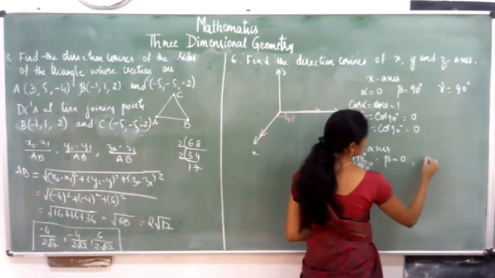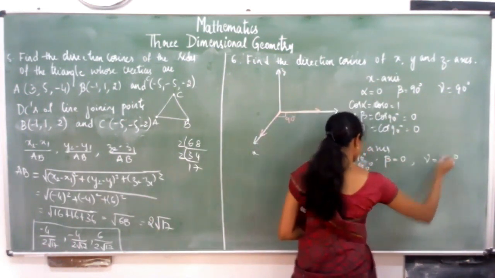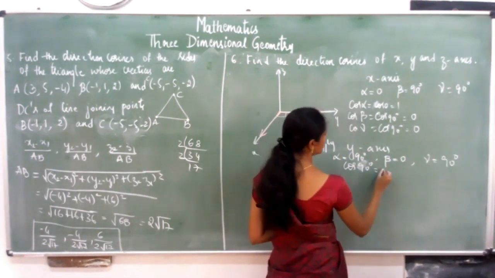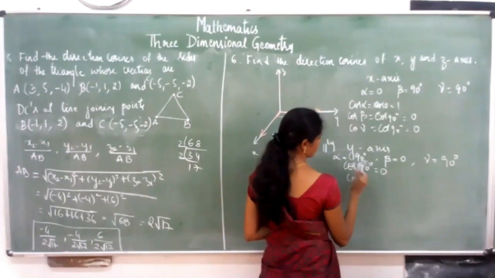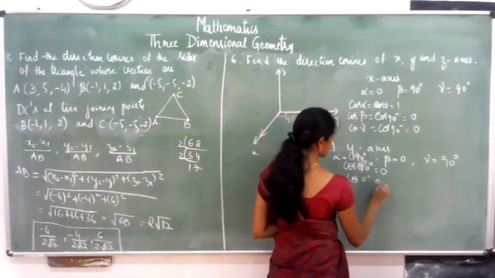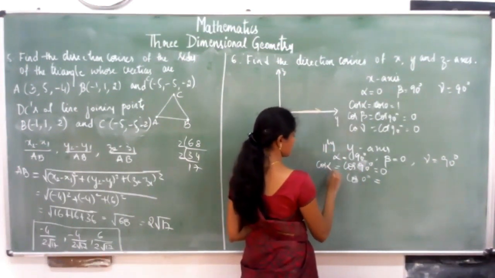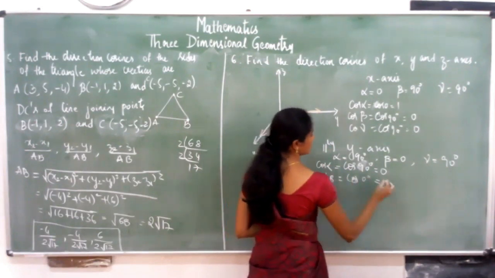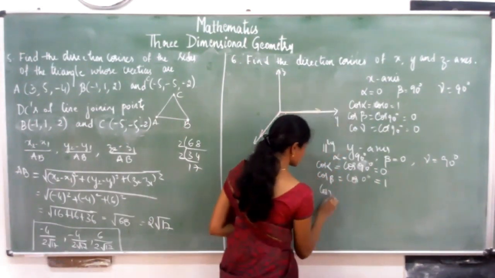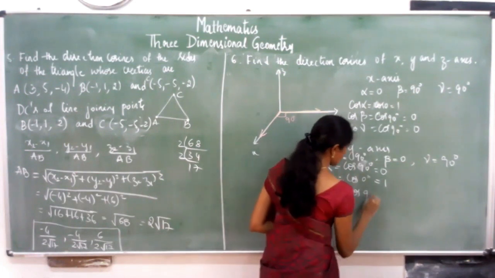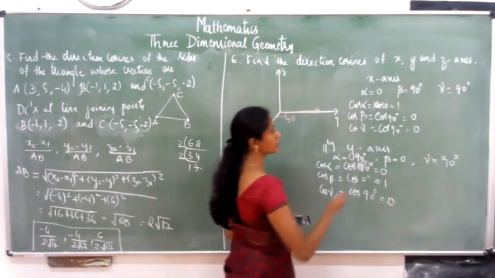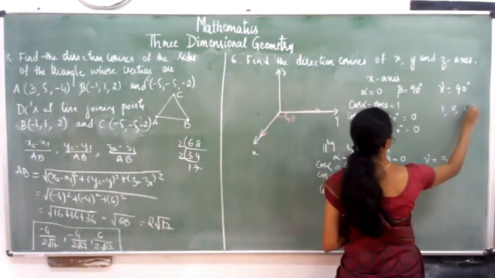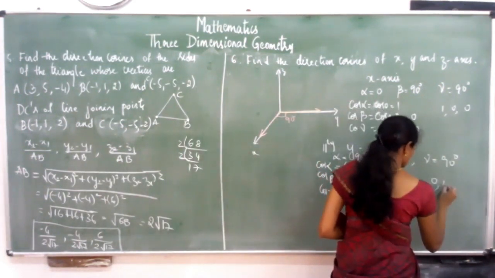Beta will be equal to 0 and gamma will be again equal to 90 degree. Therefore, cos alpha is cos 90 degree, which is equal to 0. Cos beta is cos of 0 degree, which is 1, and cos gamma is equal to cos 90 degree, which is again equal to 0. The direction cosine for x-axis is 1, 0, 0 and for y-axis is 0, 1, 0.